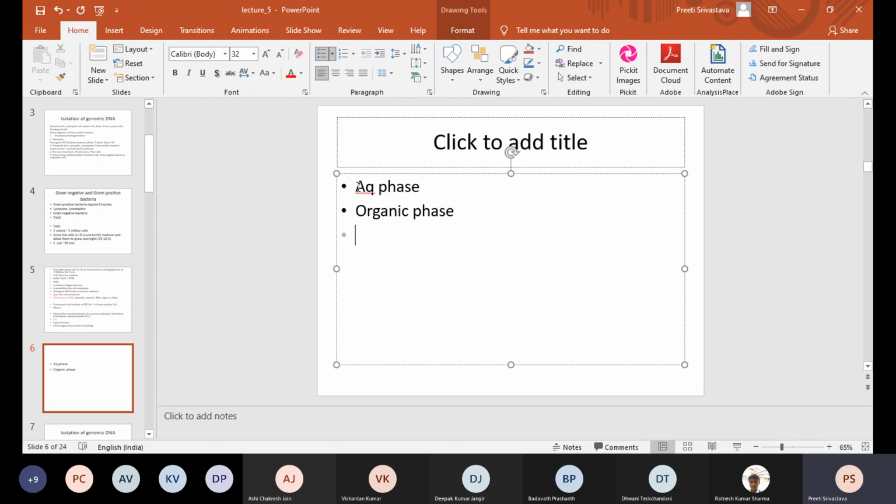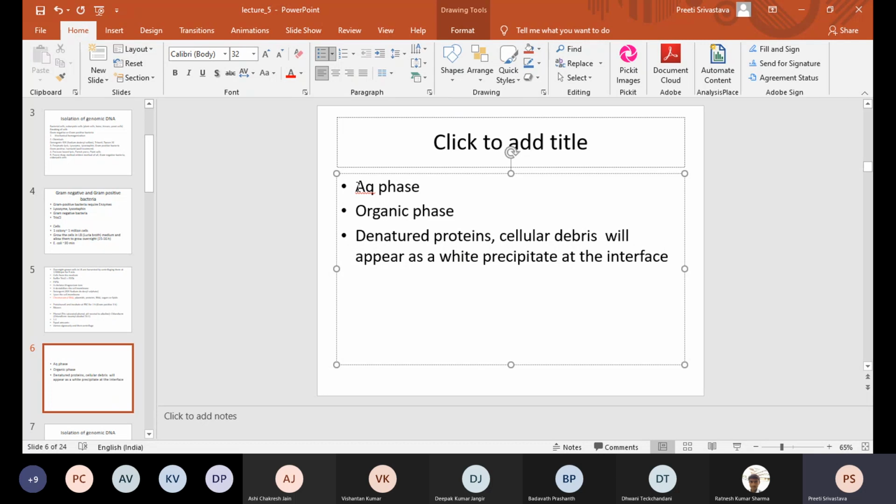All the denatured proteins, all the lipids, carbohydrates, all the cellular debris will appear as precipitate at the interface of the aqueous and organic phases.